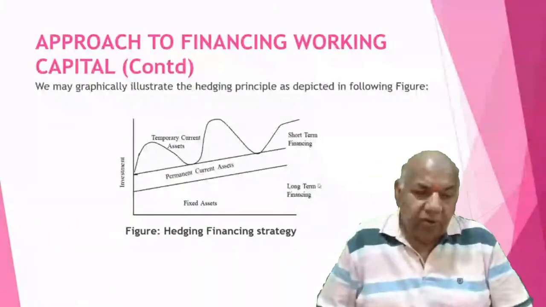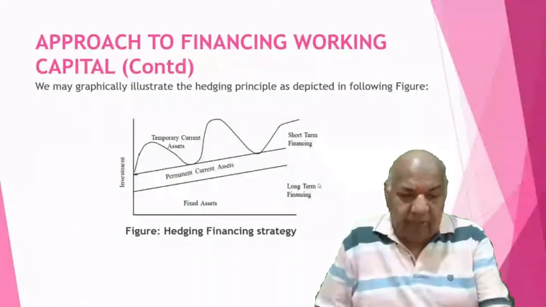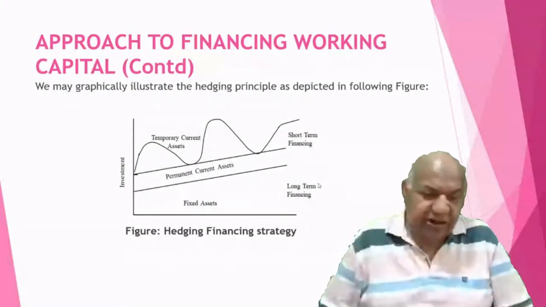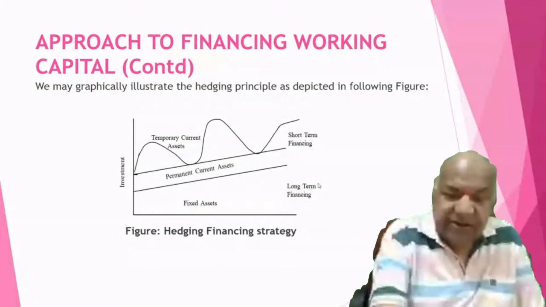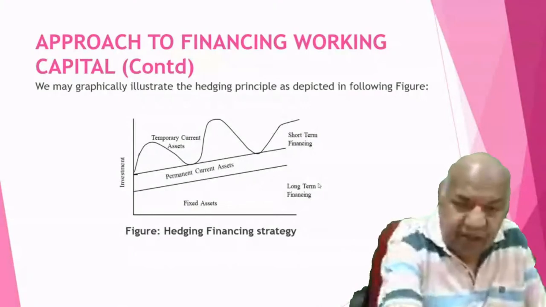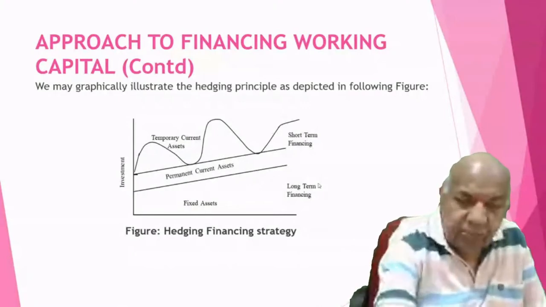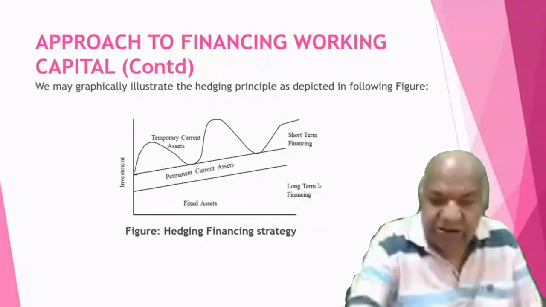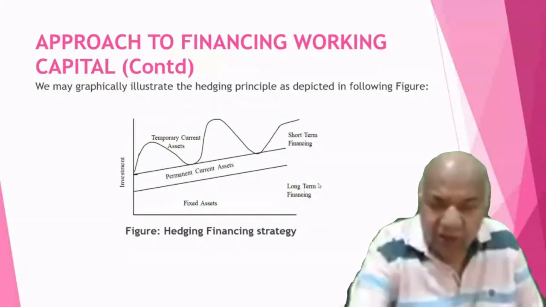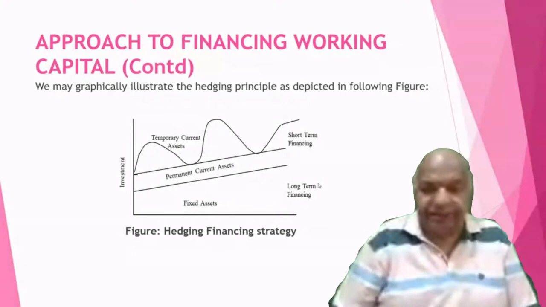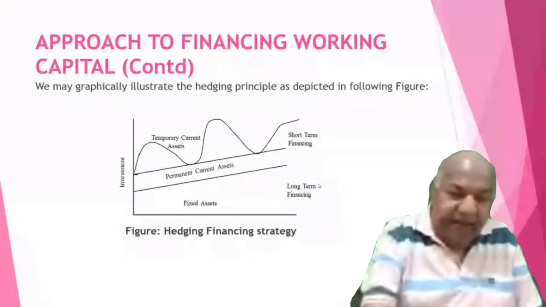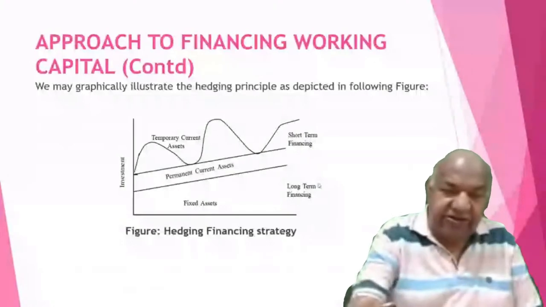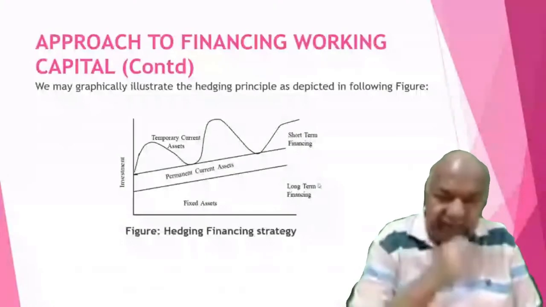The figure depicts the hedging financing strategy. Here you will see that fixed assets and permanent current assets, both of these are financed from the long-term finance, while temporary current assets are financed by short-term finance.